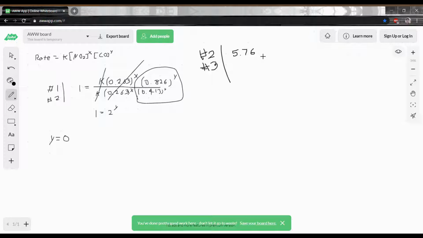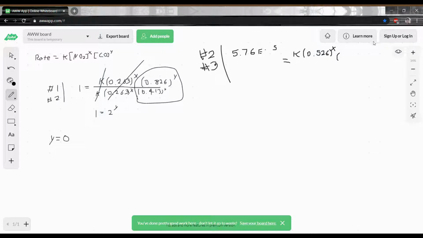5.76 times 10 to the negative fifth. I'm going to write it as e to the negative fifth. Our units are going to cancel, and that's going to equal our K multiplied by our concentration of NO2, which is 0.526 raised to the x, multiplied by our concentration of CO. I apologize for having to adjust for my little box.